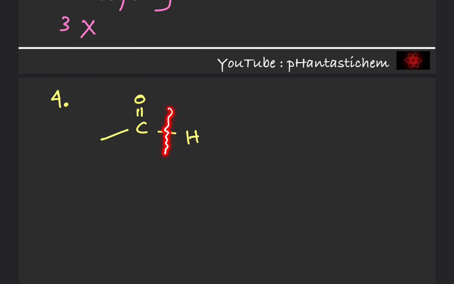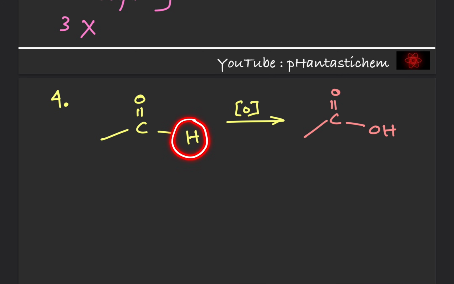This can be broken easily, and in the presence of oxidizing agents we can convert this H into an OH group. And for this particular conversion, that is H to OH, we don't have to break any C-C bond. Just breaking a C-H bond is enough, which is easier. Therefore aldehydes are oxidized by even weak oxidizing agents like bromine water, because of the presence of this hydrogen.